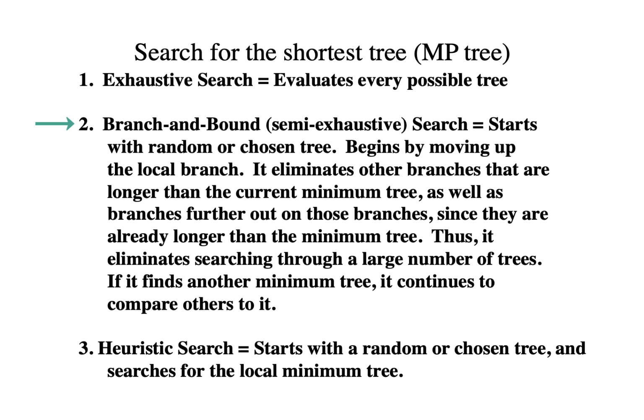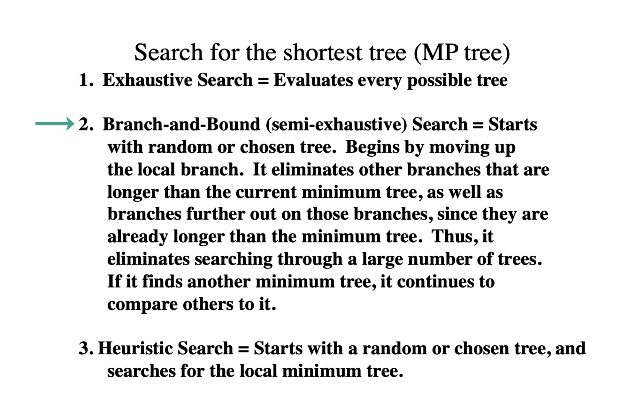The second type of search is branch and bound, which is called a semi-exhaustive search technique or strategy. It starts with a random tree or a chosen tree, you can choose one, and begins moving up a local branch of a search tree. So I'll be talking about a tree, the phylogenetic tree, but there's also a search tree.